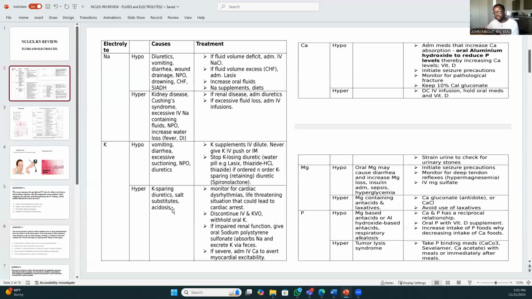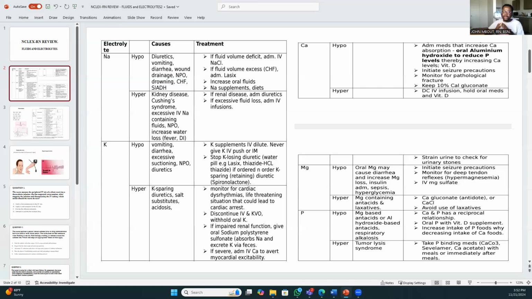Now, you want to treat this condition by replacing potassium. I said, when you have a value that is too low, below 3.5, you have to replace with potassium IV. But you have to be careful. There are conditions for you to effectively administer potassium IV. Okay?